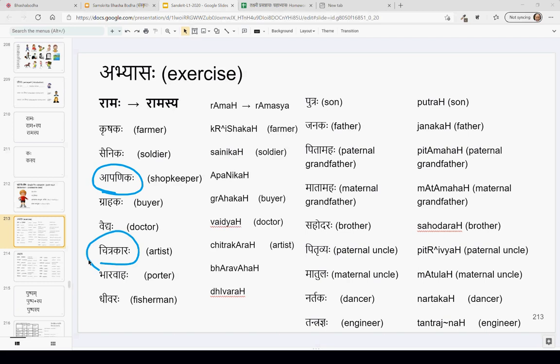Chitrakaraha, chitrakarasya painting, chitram. Yeah, good. There it is, Napunsakalinga. Chitram. Chitrakarasya chitram. Okay. Uttamam. Dhanyavadah. Next one is Uma.